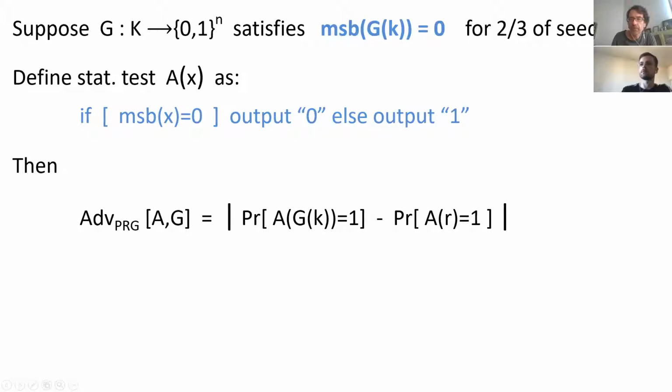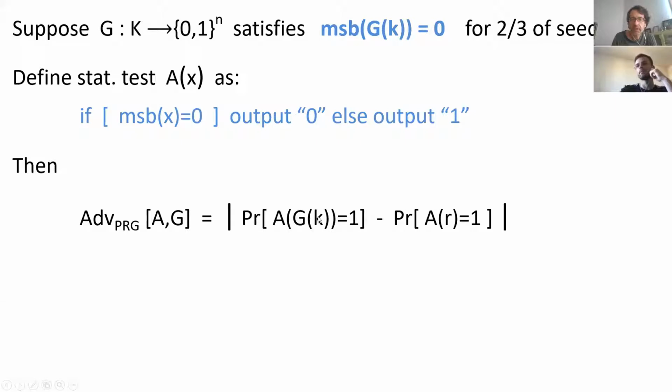So you sample a random seed and run G on it, and with probability 2/3, the output of G will have the most significant bit 0. Here we go with a statistical test. It gets a sample, and the goal is to distinguish between outputs of G and random strings. So let's test for this condition. If it is the case, then output 0, otherwise output 1.